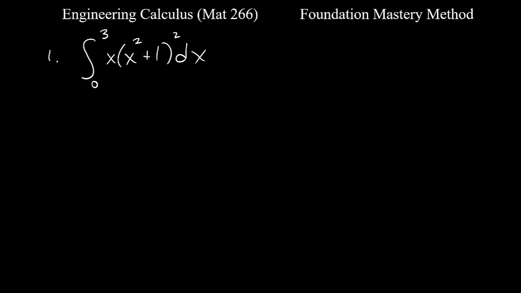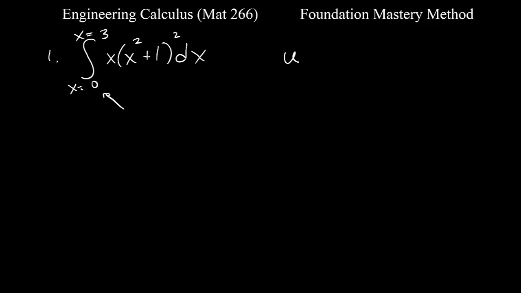Now let's look at another way of solving definite integrals using u substitution, where we change the limits of integration. So these right here are x limits of integration, and we're going to now change them to u limits.